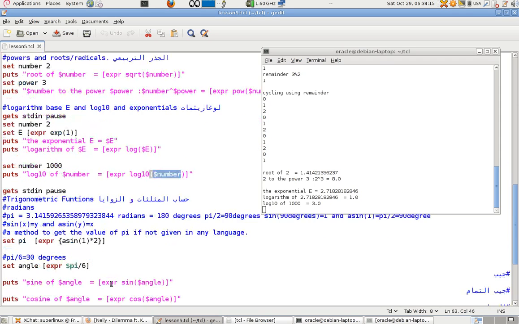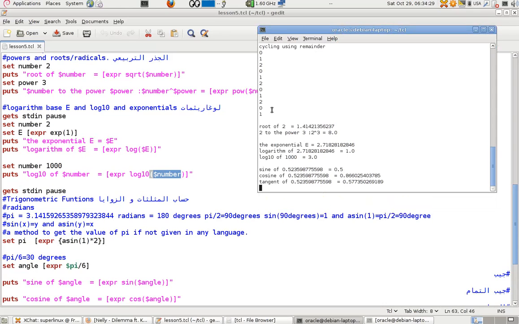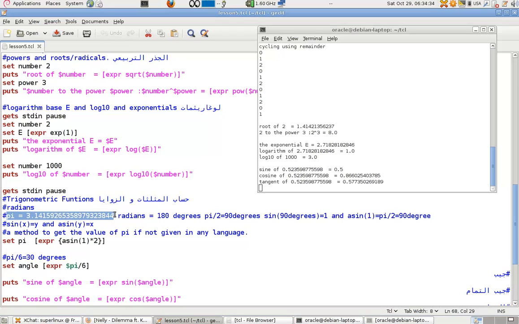Now I want to go through a little bit of trigonometry. Let's go through this a little bit in detail. Pi is this number, a constant. I'm not going to go through deep math, just know that the angle of a straight line is 180 degrees, and 90 degrees is pi over 2.